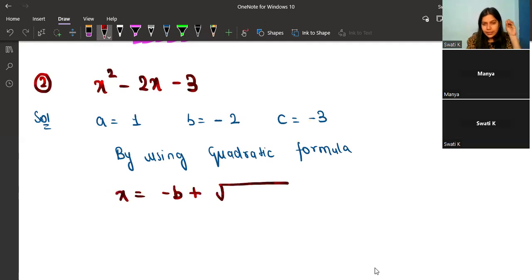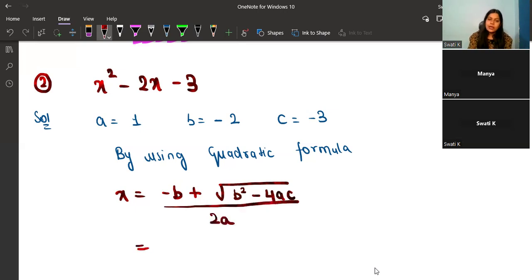Minus b plus root of b square minus 4ac. What is the meaning of 4ac? Or 4 into a into c, upon, write it over the whole thing, and then 2a. What is 2a? 2 into a.